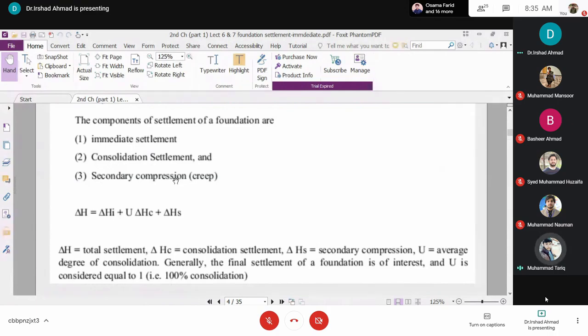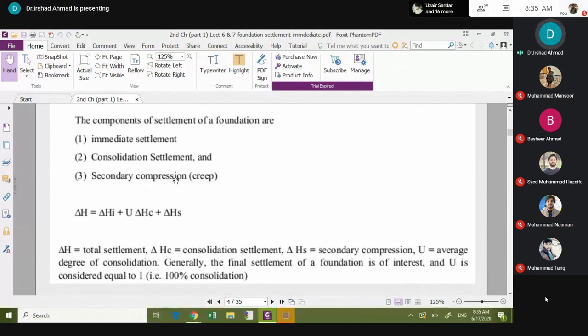If you remember, in the log time curve or root time curve, the effective stress increases during consolidation settlement. But there is a point when the effective stress becomes constant.